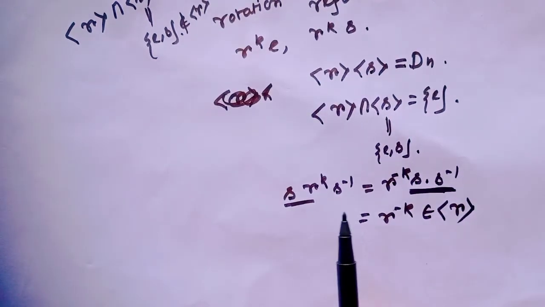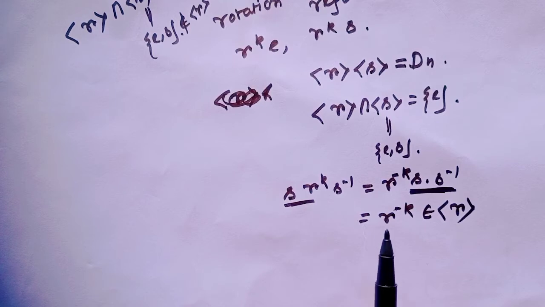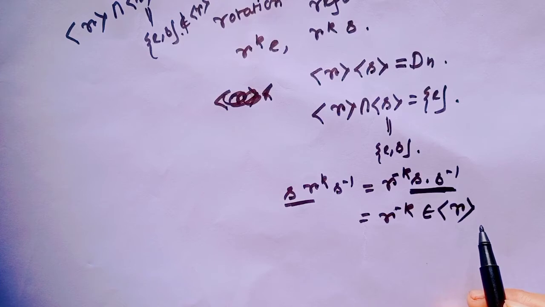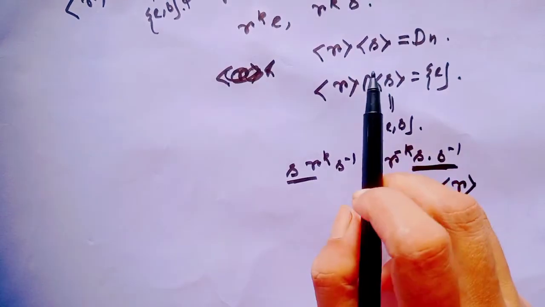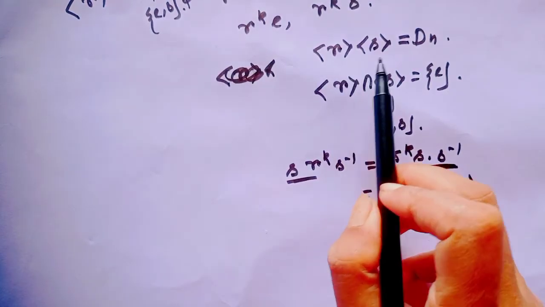That means if we conjugate all rotations by something else outside the subgroup R, then it will always belong to the cyclic subgroup generated by R. That means this subgroup is always a normal subgroup in Dn. Therefore, all our properties are satisfied here.